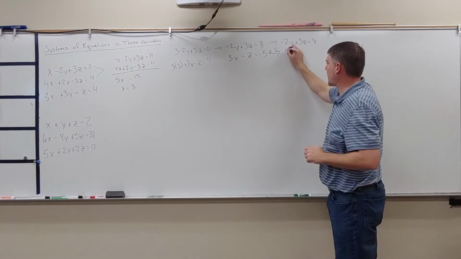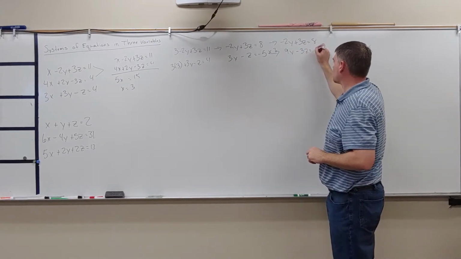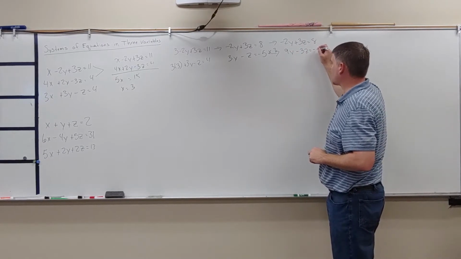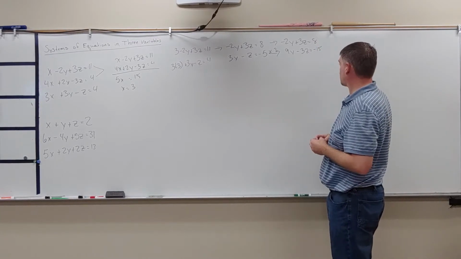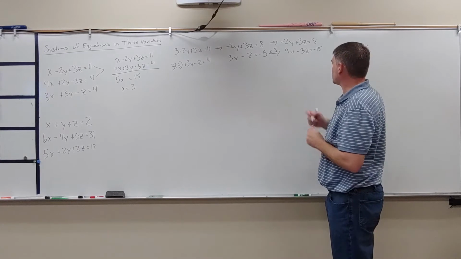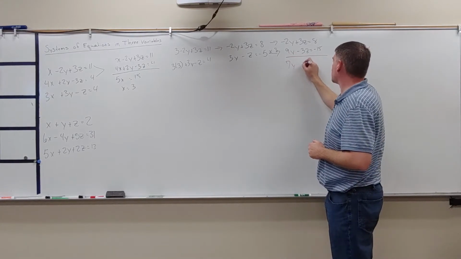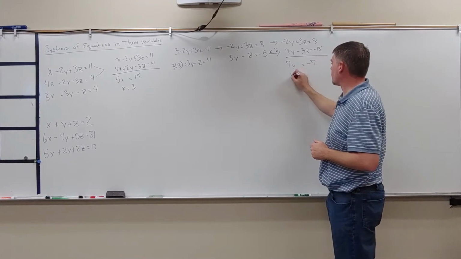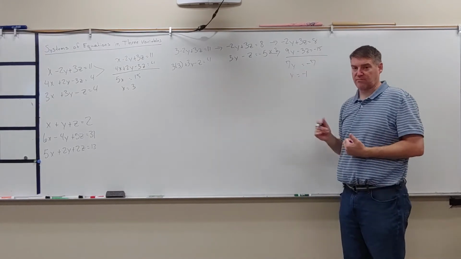This gives me 9y minus 3z equals negative 15. When I add these, I get 7y equals negative 7, or y equals negative 1. So now I have my x and I have my y.